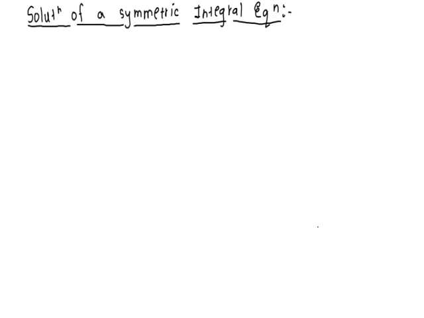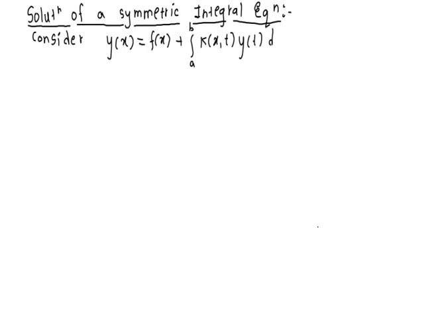So let us consider the non-homogeneous Fredholm integral equation, which is of the form, suppose say y of x equals f of x plus integral from a to b k(x, t) y(t) dt. This is a non-homogeneous Fredholm integral equation.